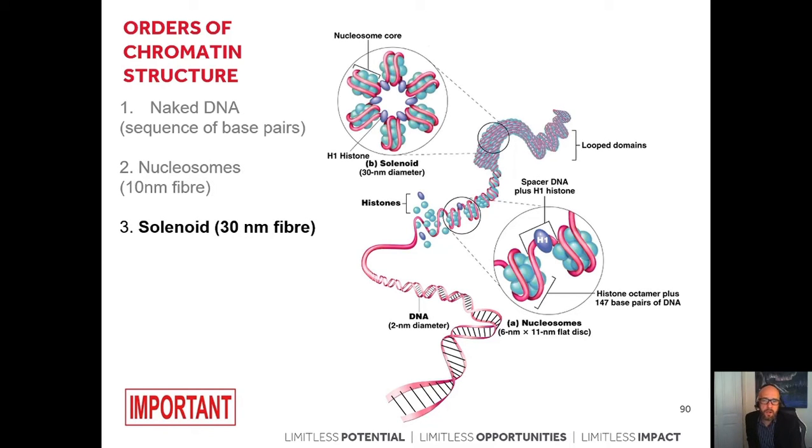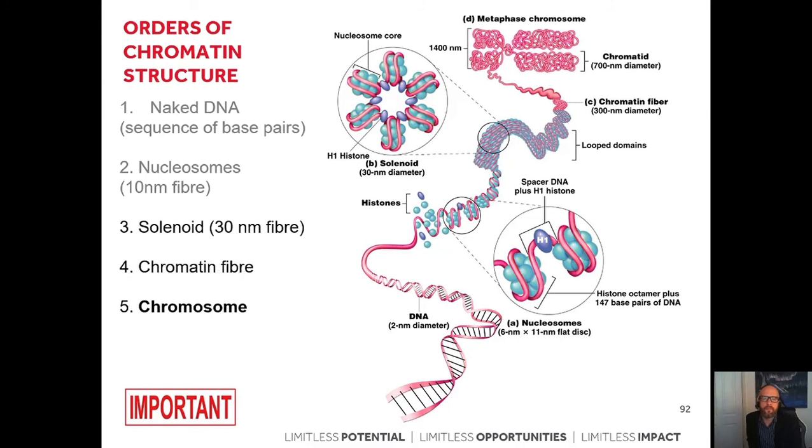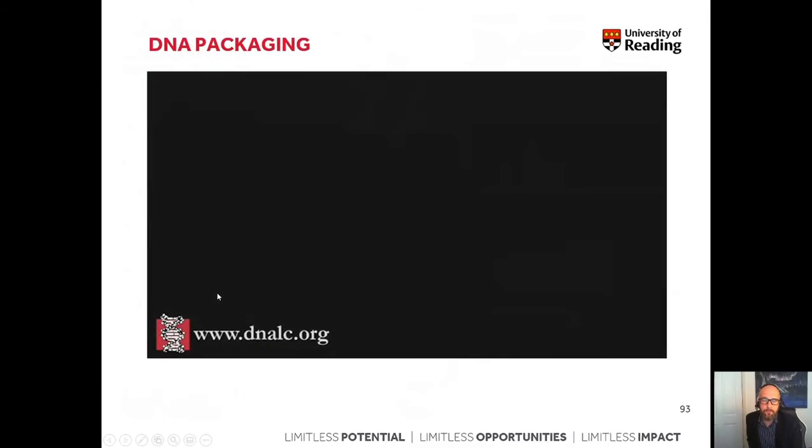Next level of compaction is solenoid, which is a stack of nucleosomes, and then we have the chromatin fiber. Lastly, we have chromosomes, and those are the levels of compaction you need to remember.